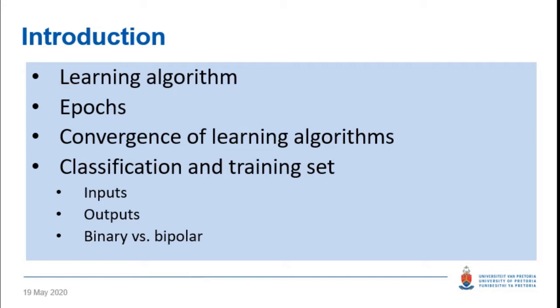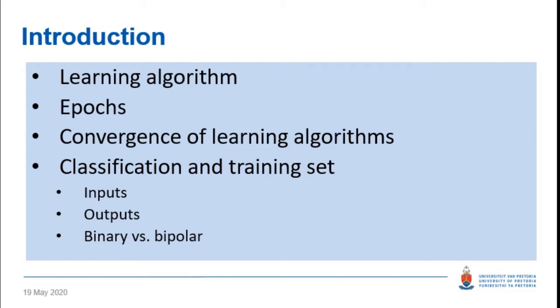Each instance in your training set has an input vector, and it also has an output vector. The output vector represents, in this case, the class. That could be represented by a -1 or a 1, or a 0 and a 1 if you're looking at binary representation in binary classification.